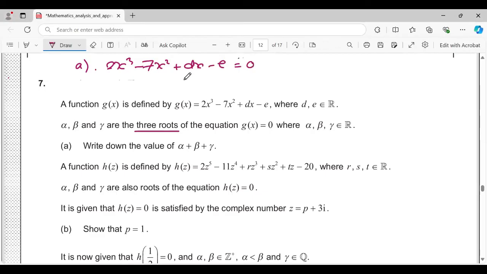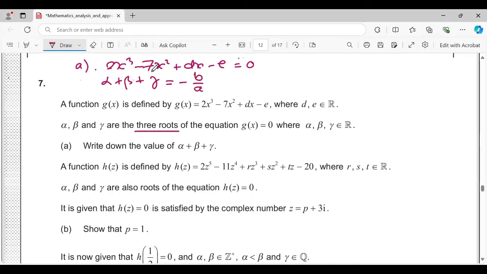According to Vieta's theorem, its roots alpha, beta, and gamma satisfy alpha plus beta plus gamma equals minus b over a.